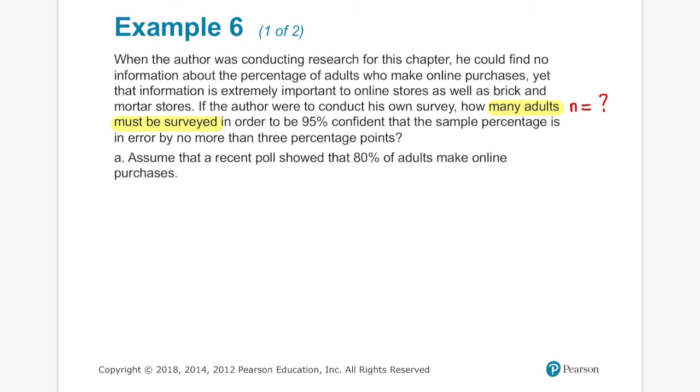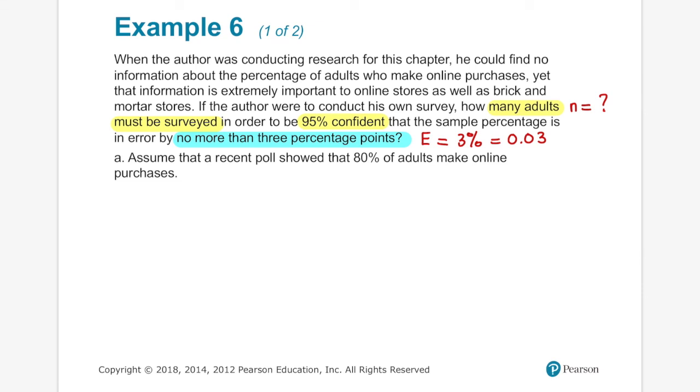He wants to be 95% confident, which means the confidence level is 95%. And he wants to make sure that the sample percentage is in error by no more than 3 percentage points, which is saying my margin of error is 3%, which is 0.03.